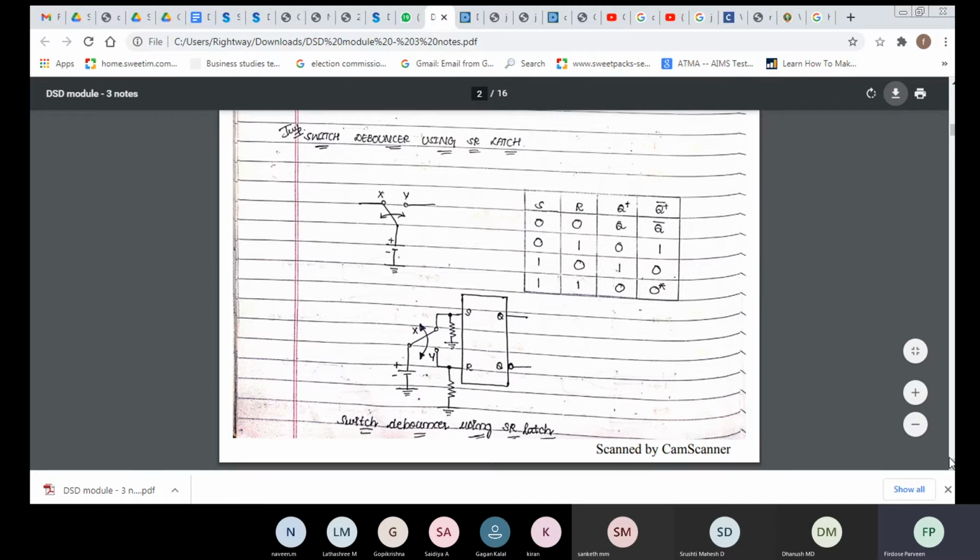When push buttons are switched from one position to another, suppose, for example, at your home you have one switch. When you press on and off, several make and break operations occur.